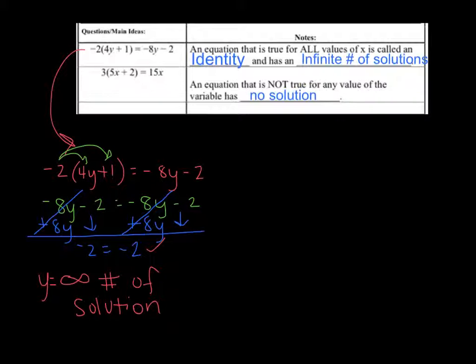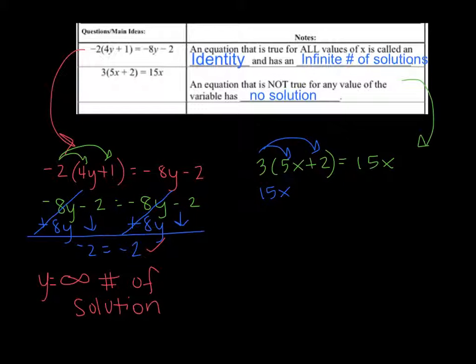Now let's go ahead and look at the second type of equation. I'm going to take that and rewrite it. So I have 3 times (5x plus 2) equals 15x. Once again, you're not going to know you're looking at anything special, so you're just going to start solving as normal. You're going to distribute your 3 because you see those parentheses, and you're going to get 15x plus 6 equals 15x.